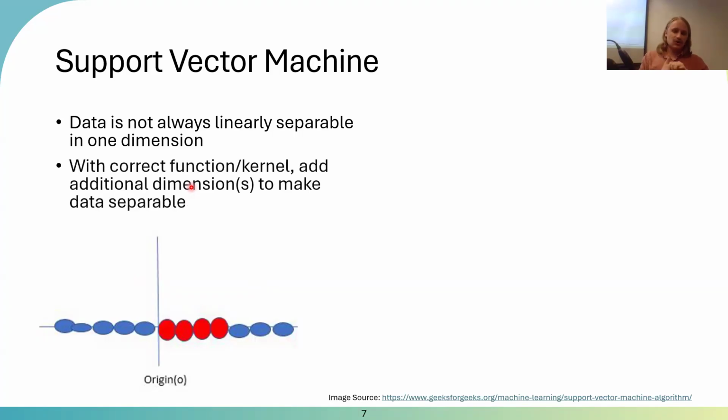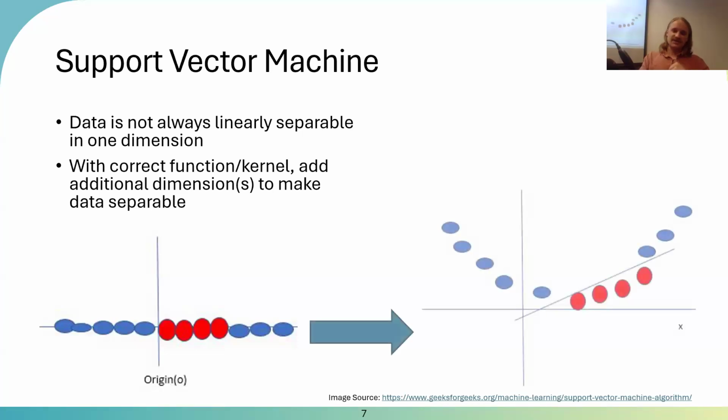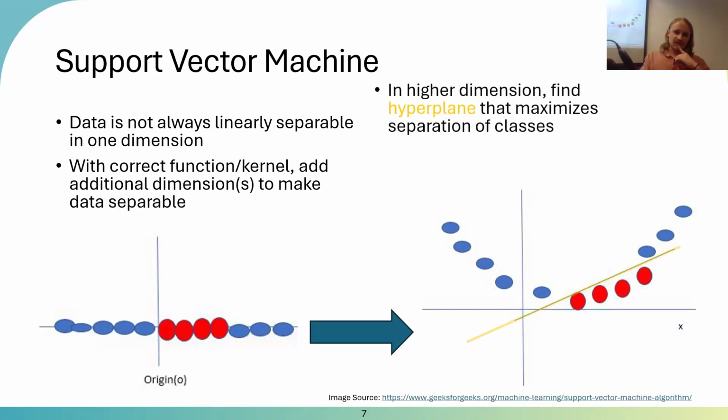So one thing you could attempt to do here, and the idea behind a support vector machine, is that you can introduce a function or a kernel in order to add additional dimension or dimensions to make that data separable. So for example, if we introduce a quadratic kernel here, this allows us to separate out the data in this additional dimension such that we can draw a single line that will separate out these two classes.